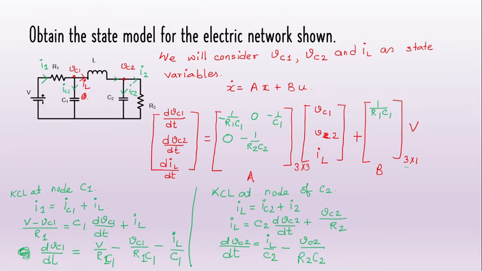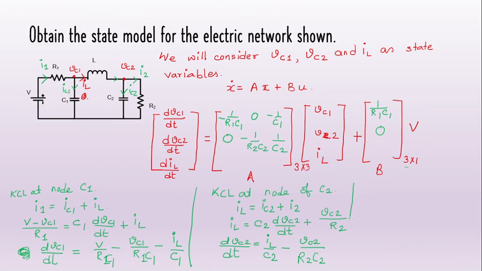And what is the factor associated with IL? It is 1 upon C2. Is there anything associated with the input voltage? No, so it will be 0. So the second row has been completed.